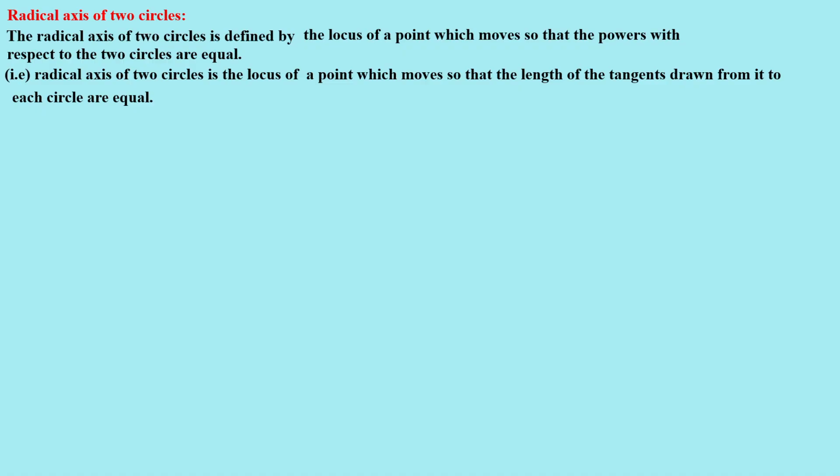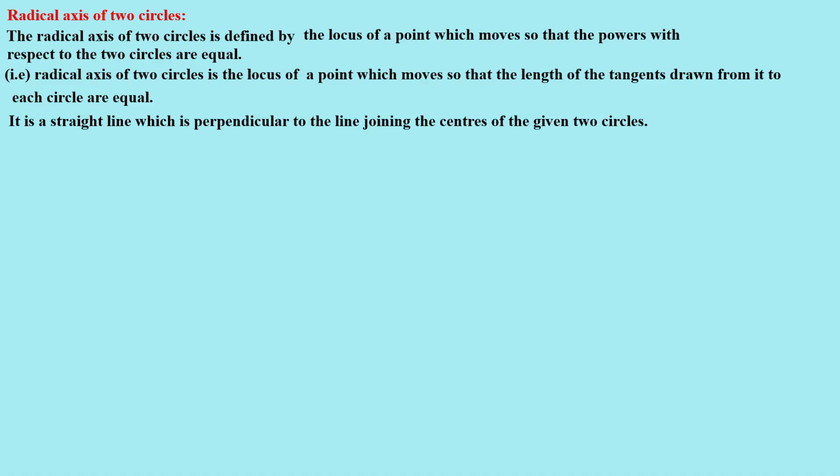We know the power of a point and the length of the tangents have a relationship, right? So we already defined that. The length of the tangent drawn from that particular point to the two circles is equal. Then the locus of that particular point is the radical axis.